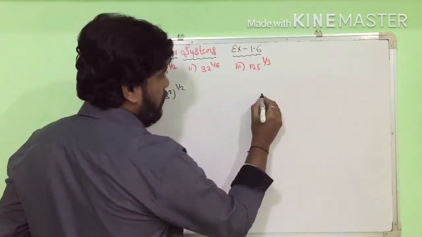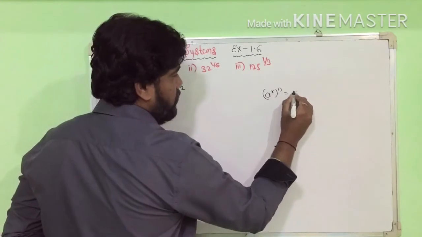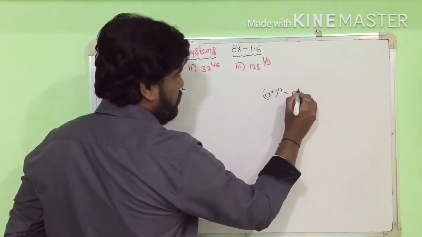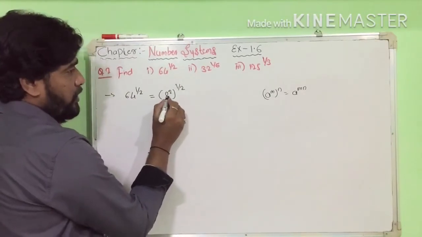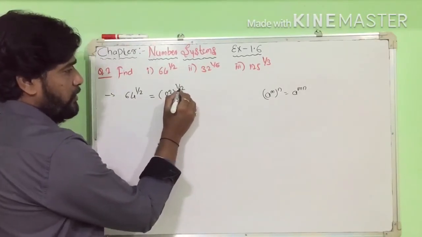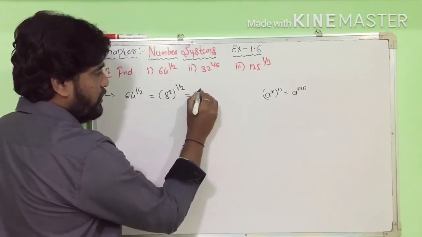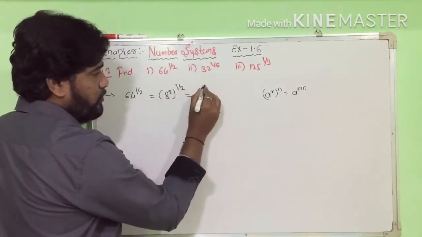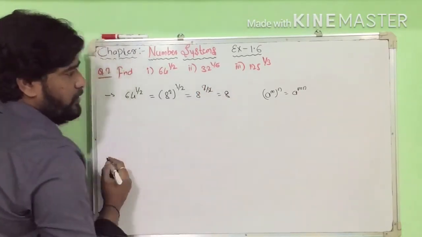Now it is in the form of a raised to m raised to n, which is equal to a raised to mn. So 8 raised to 2 into 1 by 2 is 2 by 2. The 2 gets cancelled, we got 8.